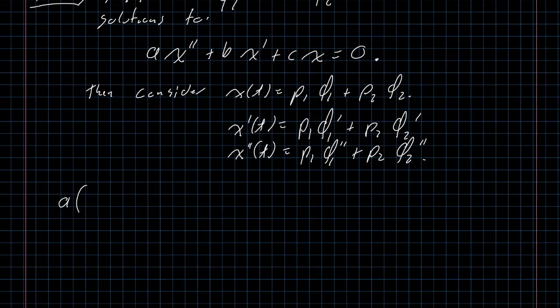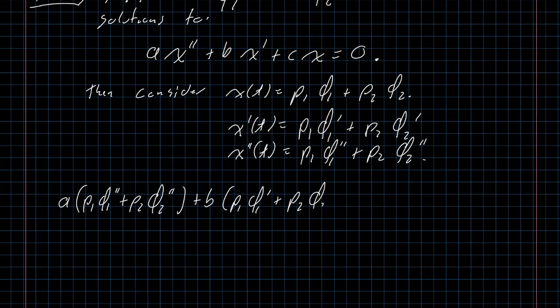A times p1 phi1 double prime plus p2 phi2 double prime plus b times p1 phi1 prime plus b p2 phi2 prime. Right? Why did I put b's, p's, and phi's in the same equation? And c's. Right? So we plug that into the left-hand side.